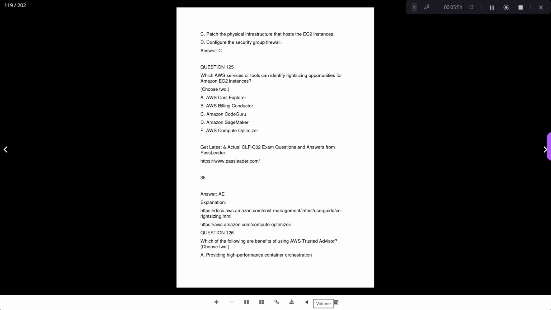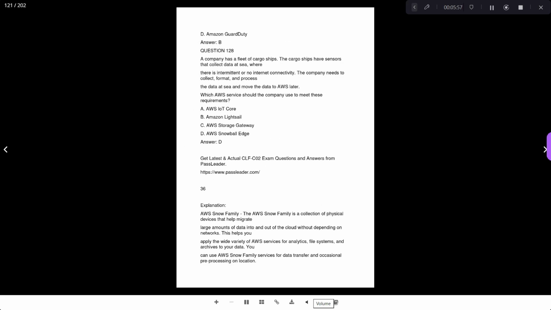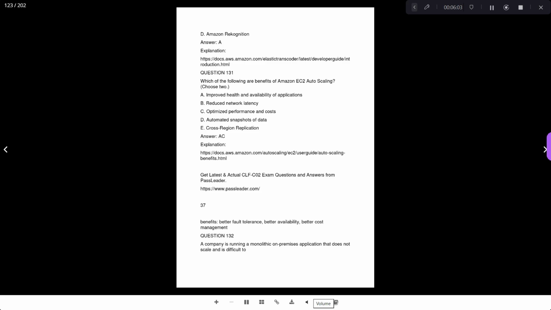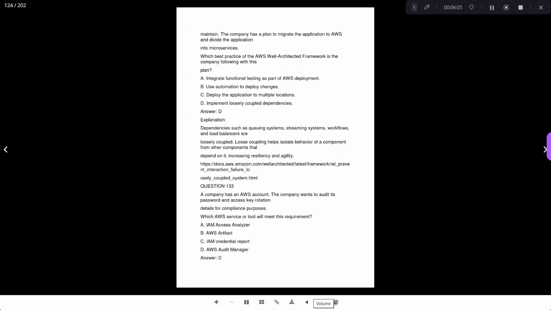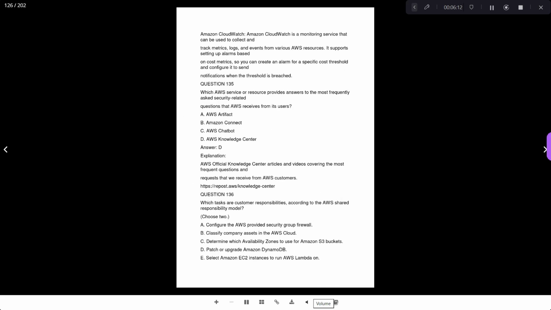Question 3. User authentication with MFA. Scenario: a company needs a scalable solution for user authentication with risk-based adaptive MFA. Correct answer: Amazon Cognito with risk-based adaptive authentication. Concept: implementing secure and scalable user authentication.